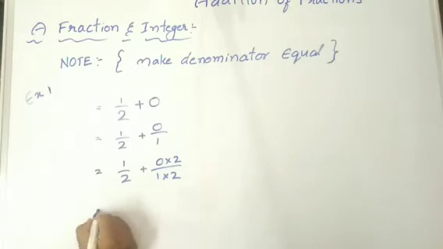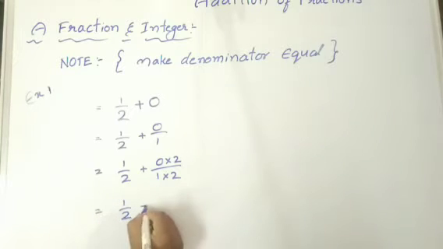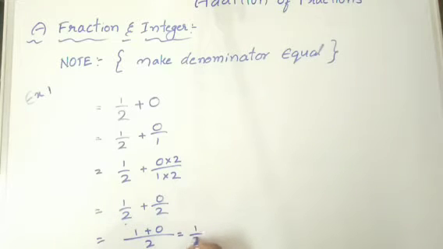So now 1 by 2 plus 0 by 2. When the denominators are equal, I can add the numerators. So the answer is 1 by 2. Actually, everybody knows that if we add 0 to any number, that number itself comes.